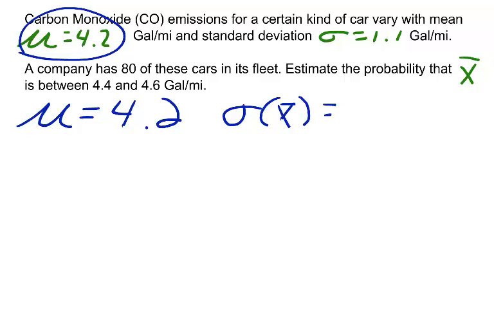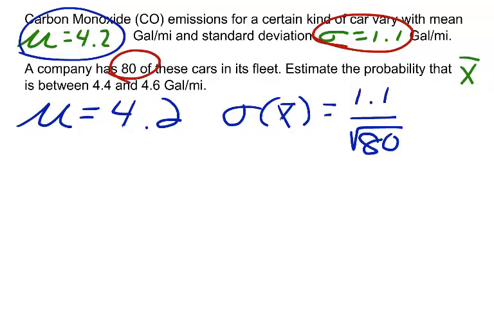Our standard error, which is equal to sigma over the square root of n, is equal to 1.1 divided by the square root of our sample size, 80. This comes from the population standard deviation and sample size given in the problem. Working this out gives me an approximate standard error of 0.123.